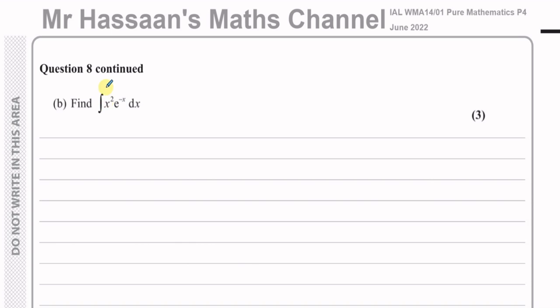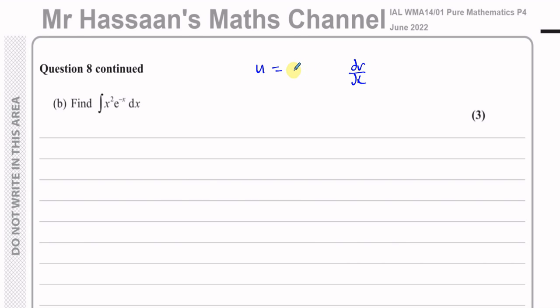Now here we have an integration that involves the product of two functions that are not related to each other. You can't use, for example, the reverse of the chain rule in this case. You don't have something multiplied by the differential of what's inside the function or anything like that. So here we have to use what's called integration by parts, where you call one of the products u, and the other dv dx.